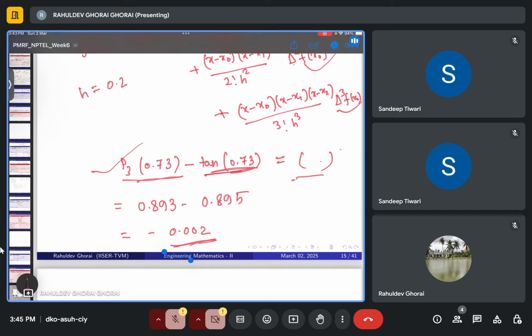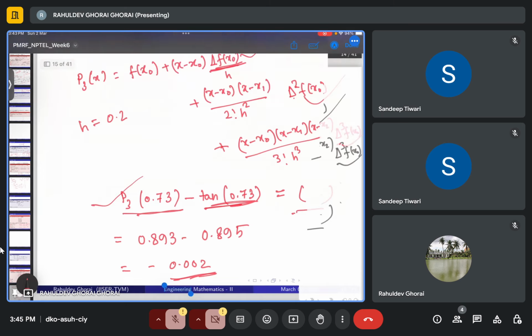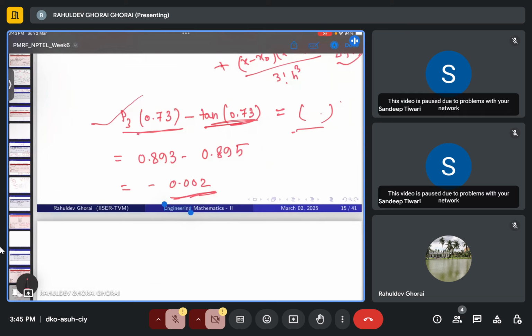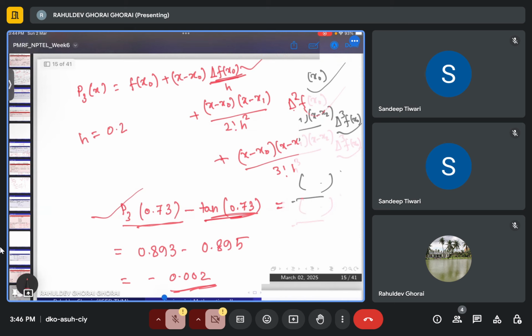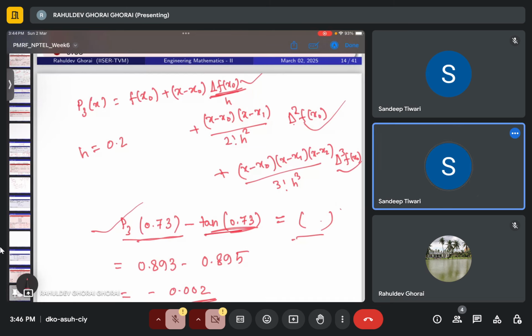If you take the absolute value of the error, this will be 0.002, because error means just the difference, the magnitude, not whether it's negative, just the absolute value, right? Yes, sir. Okay.